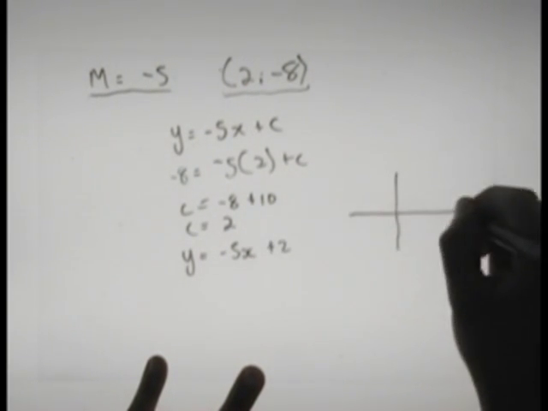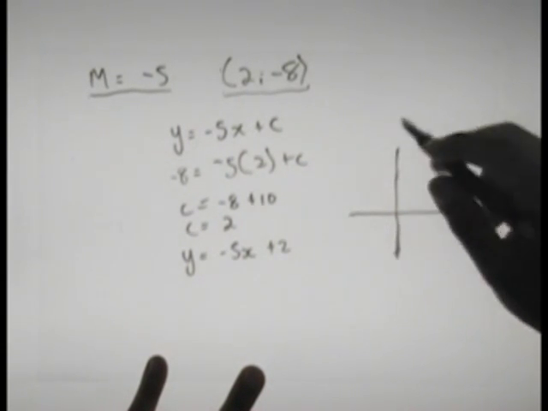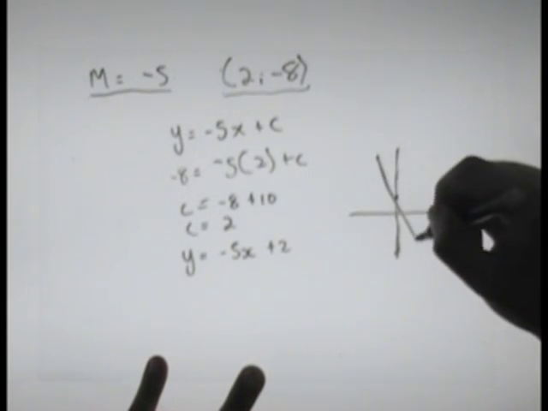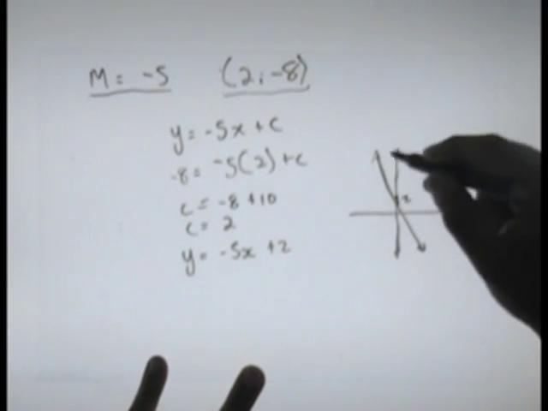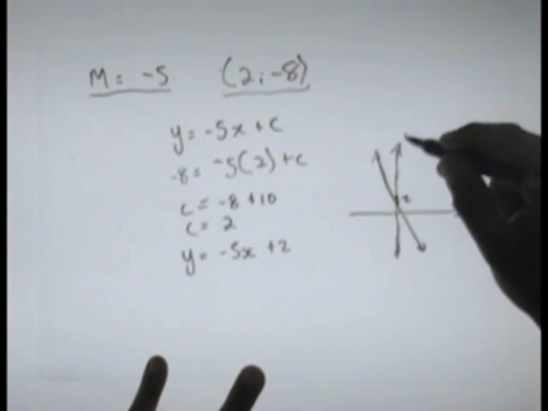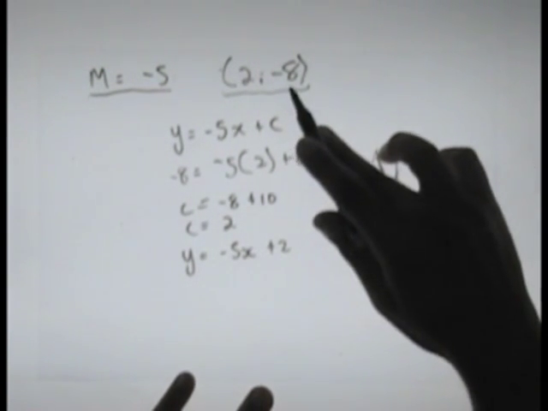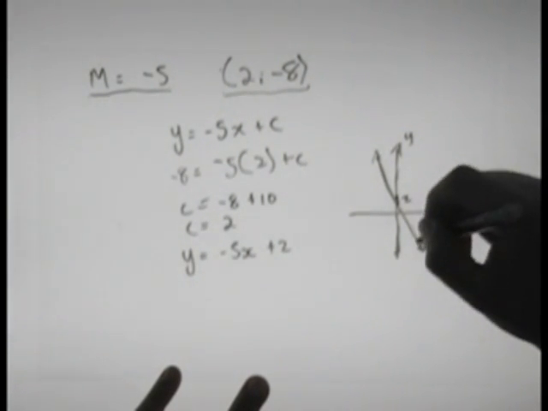Which means that our graph is going to be very negatively sloping, very steeply sloping. And it's going to cut the y-axis at positive 2. I'm not going to fill in any more information about that. That's just to show you what that graph would more or less look like. Also, we know that it's passing through the point x is equal to 2, y is equal to negative 8.